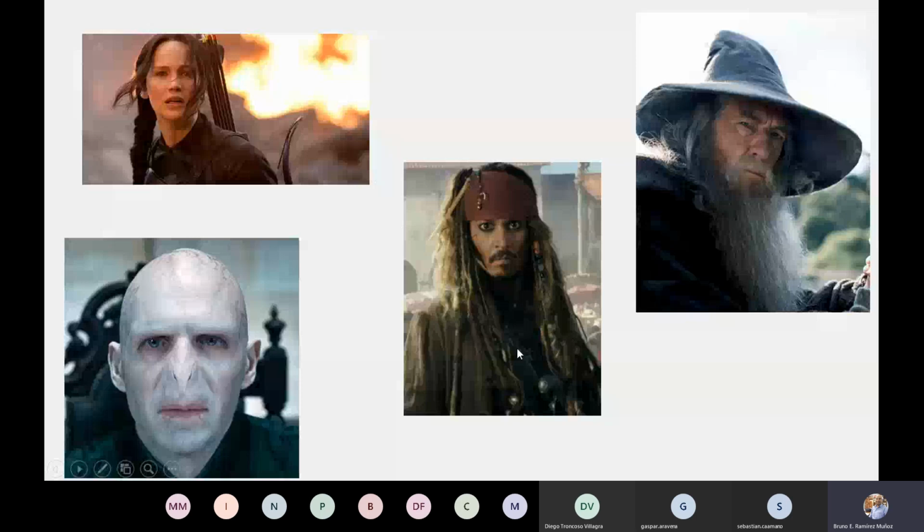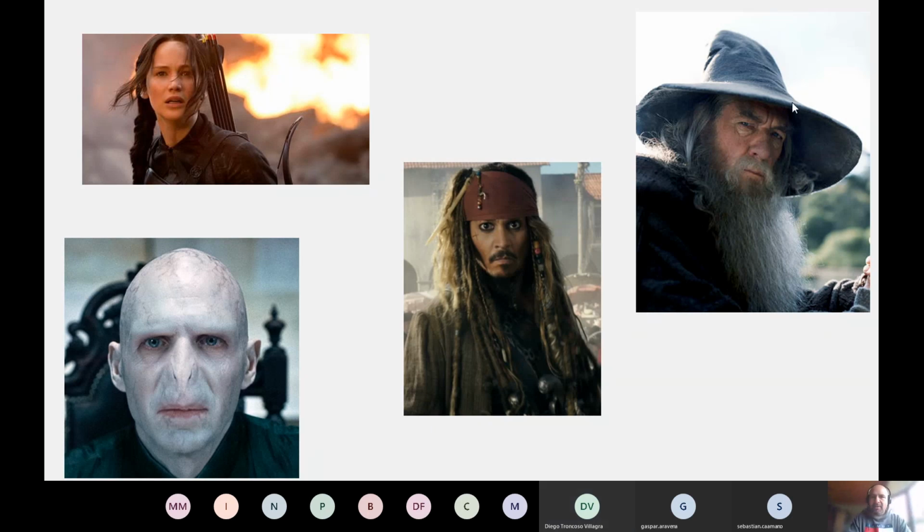What's his name? Jack Sparrow. All right. What's the first thing that comes to your mind? Or how can you describe this in one sentence? He's a pirate. He's a pirate, exactly. Let me write that down because we're going to use this later, right? He's a pirate. All right. Thank you.